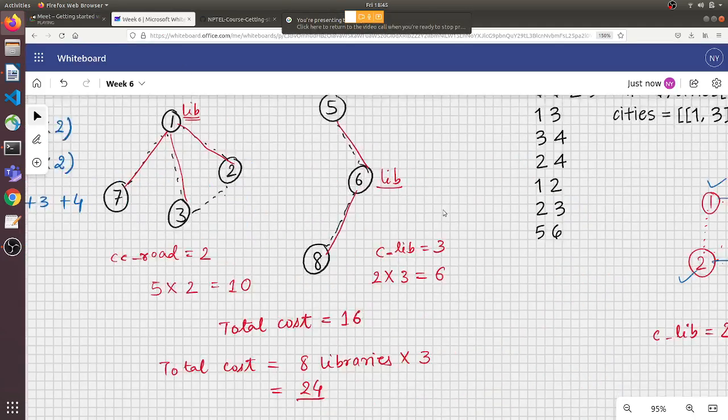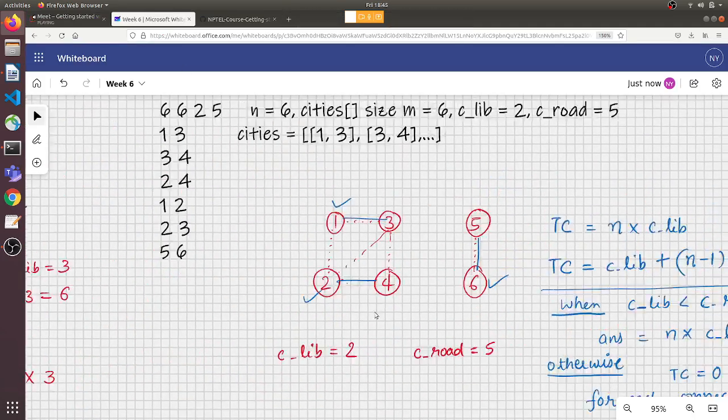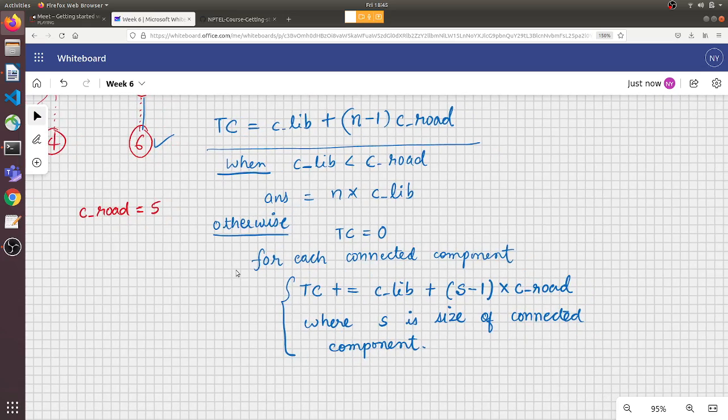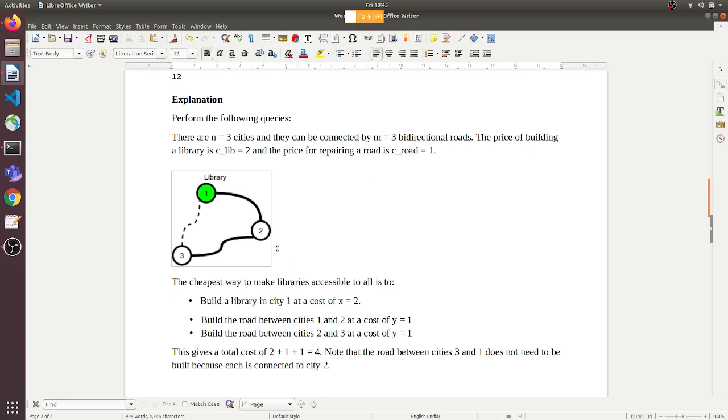Otherwise, we'll construct a library in each connected component, plus we'll join the cities in a particular connected component by the number of cities in that connected component minus 1 roads. We go on for every connected component like that. Yeah, I hope it is clear to everyone. So that's the problem here.